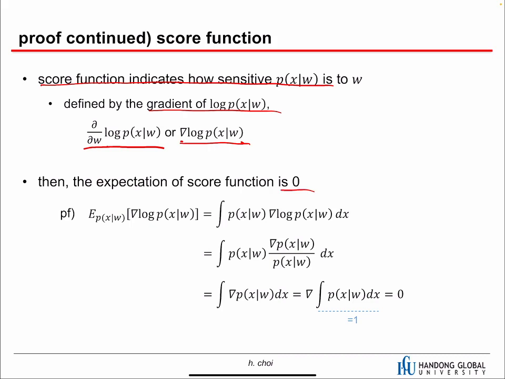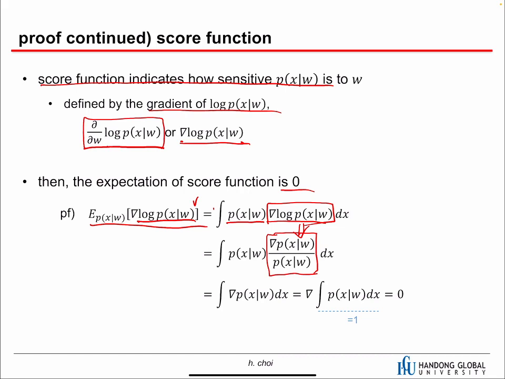We want to prove this because it is another popular pattern in machine learning, so I hope you memorize this proof. This one is a score function, and this one is the expectation of a score function. If we rewrite this equation, we have a probability, a score function, and an integral. This is just the definition of expectation. Then look at this one. From the score function, we have this one. How can we do this? I think you are familiar with these terms.